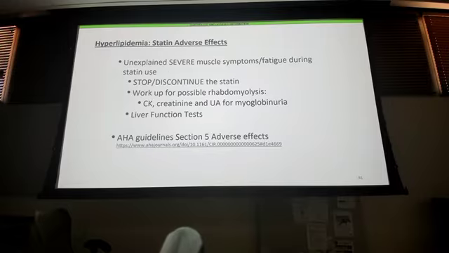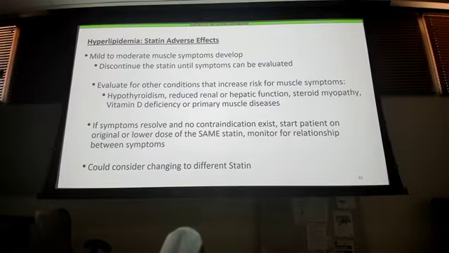And when you get these patients who come in with these muscle concerns or complaints, stop the statin, work them up for rhabdo, and then determine if they would benefit by being restarted on a lower dose of the statin, or changing the statin entirely, or discontinuing statins altogether. And that's just what we talked about right there.